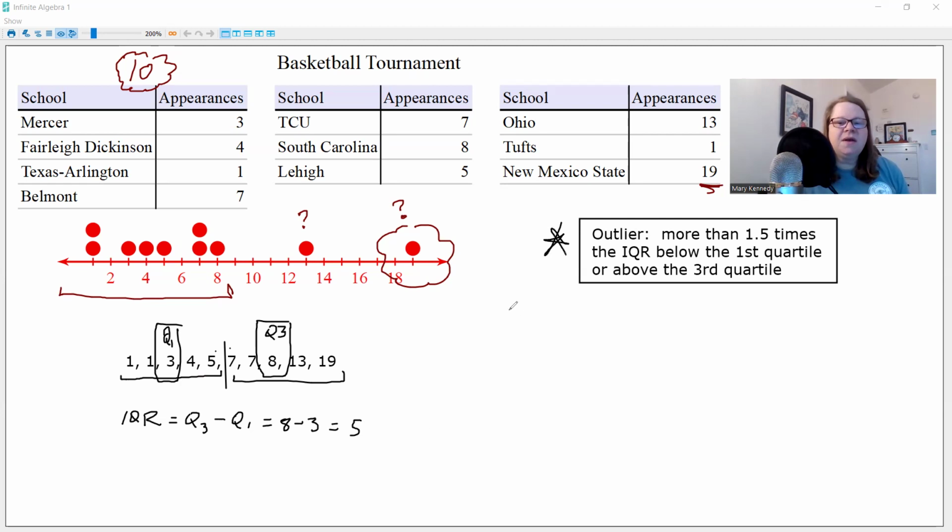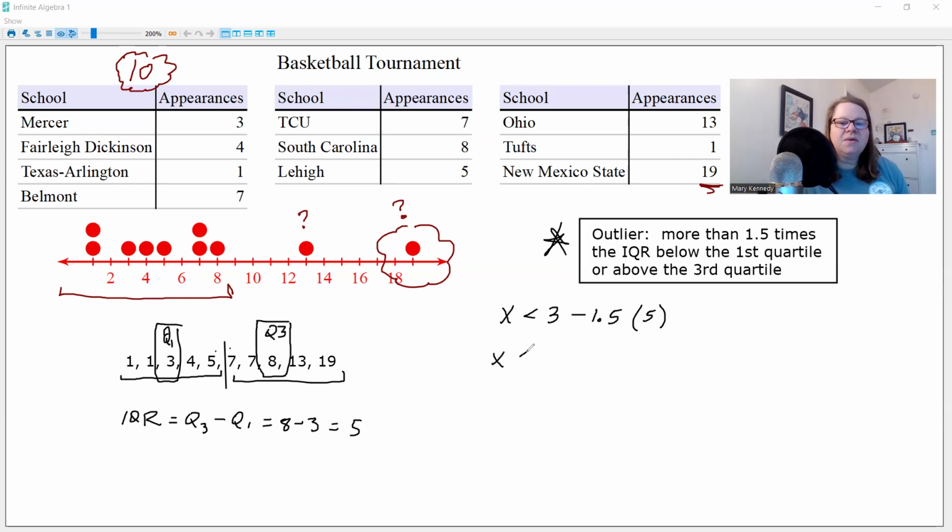We know that our outlier, which we're going to call X because we're saying some number, some group of numbers actually, has to be less than the first quartile, which was 3, minus 1.5 times the IQR, which was 5.